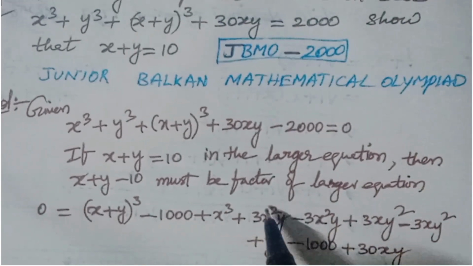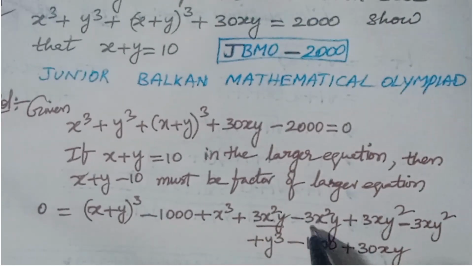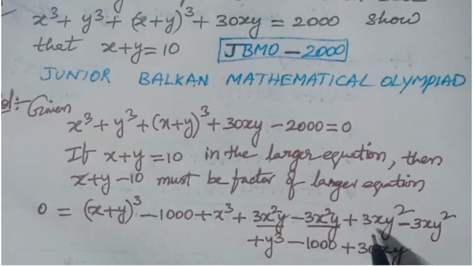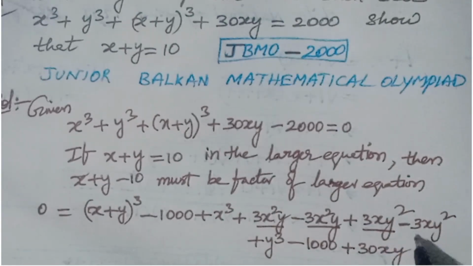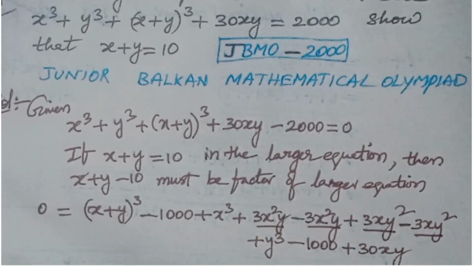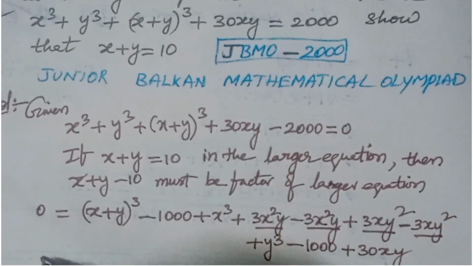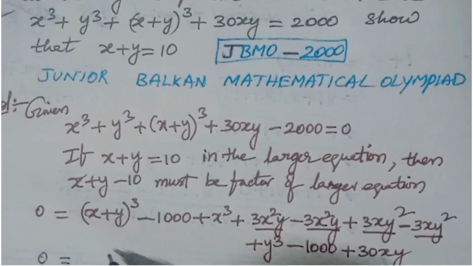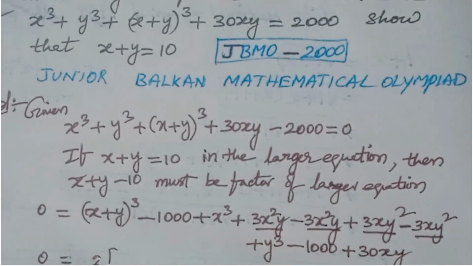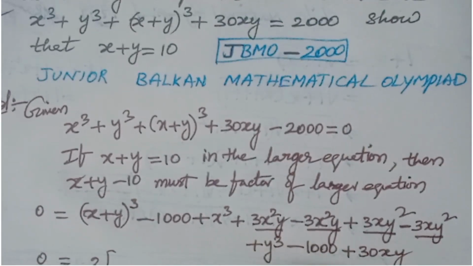So here two terms are added. This is one term, subtracted the same term. Here this term is added and subtracted the same term. So here what will we get? 0 is equal to 2 into (x plus y) whole cube.